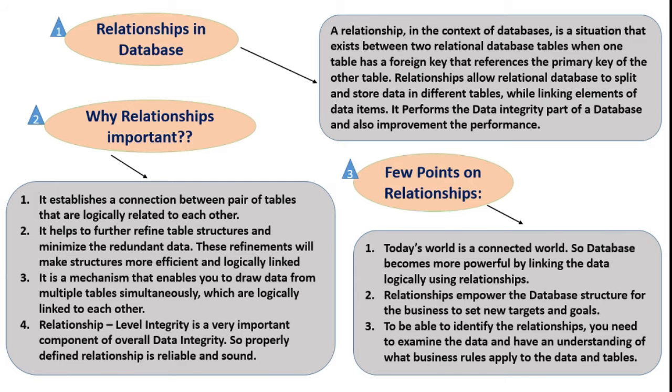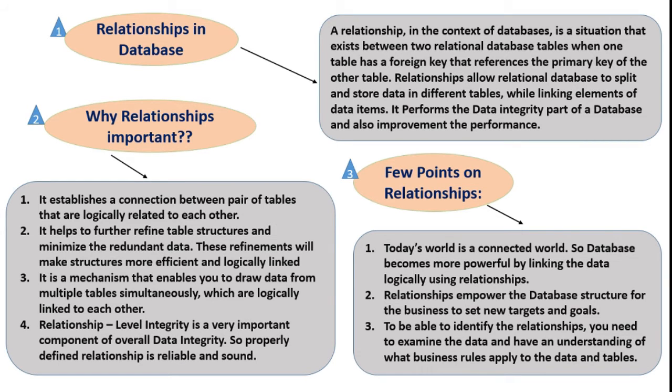Going forward, the first topic is relationships in database, what it is. A relationship in the context of databases is a situation that exists between two relational database tables when one table has a foreign key that references the primary key of the other table. Relationships allow a relational database to split and store data in different tables while linking elements of data items.